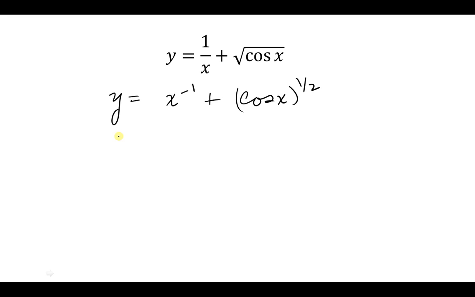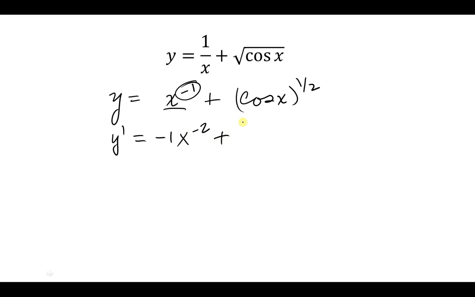And now we're going to take the derivative. Of course, the derivative of the first part, we don't need the chain rule, we just need the power rule, and that's going to be minus 1, which is a power, times x to the power minus 1, which is going to give us x to the minus 2.